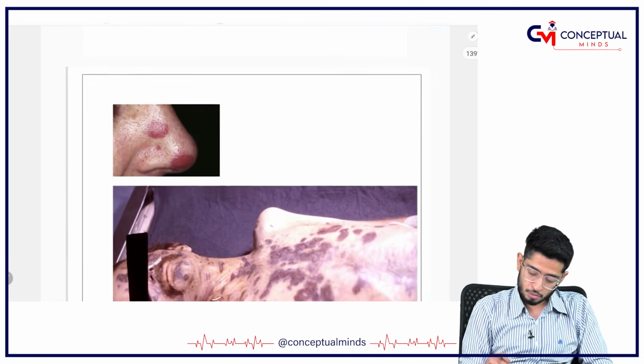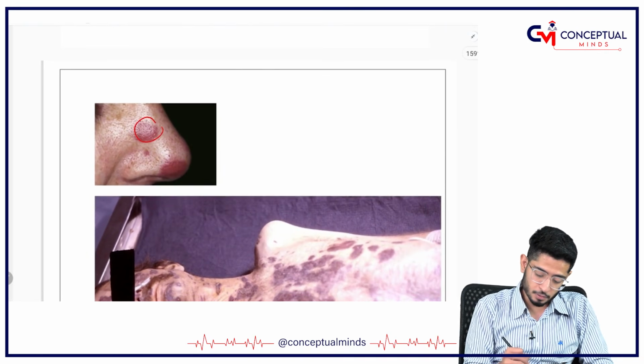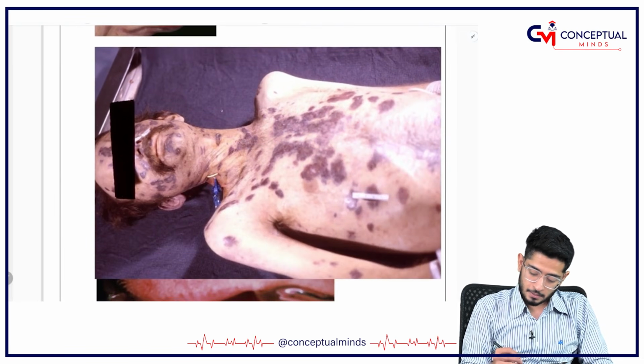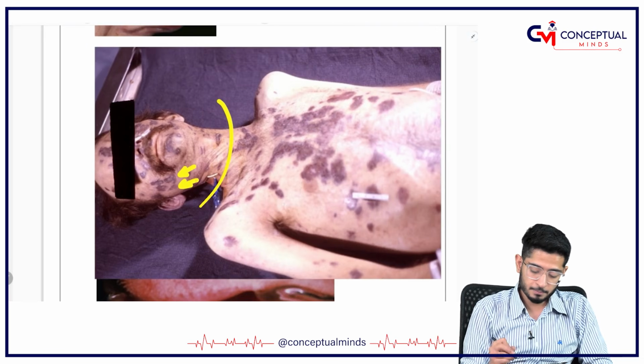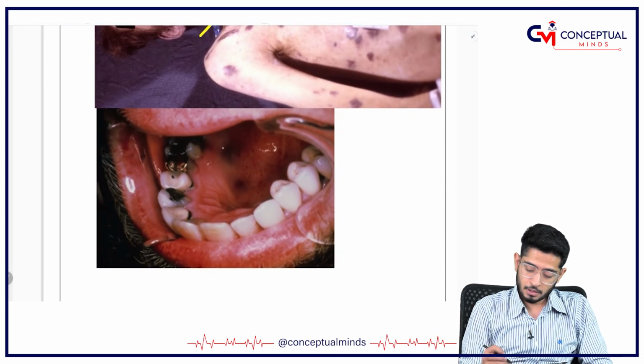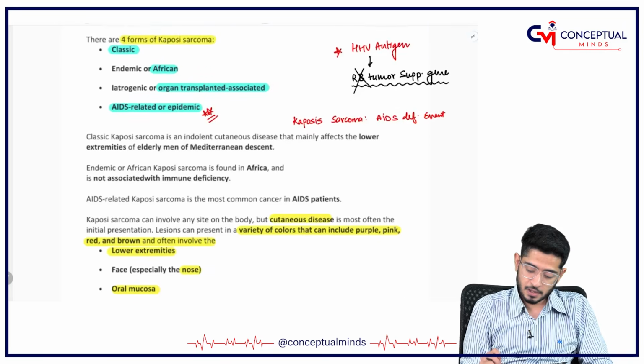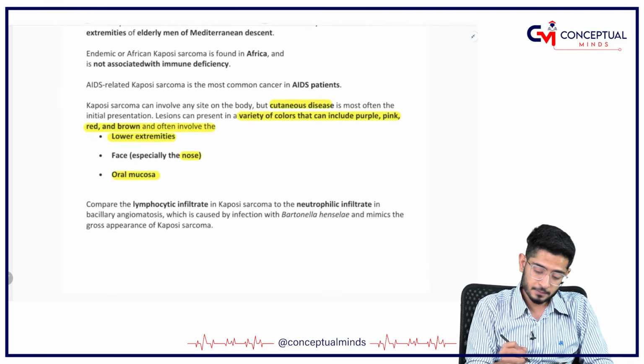So, if I just show you, see here, it is involving the nose, it is involving here. Okay. And these pink, purple, red, brown lesions, yes, involving the oral mucosa. Okay. So, this is how it shows the clinical features which I have told you.